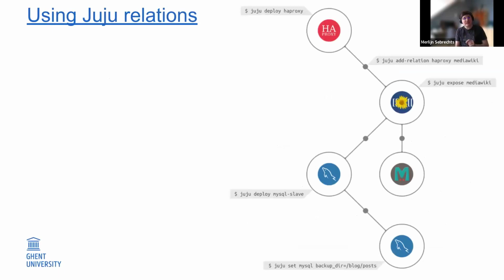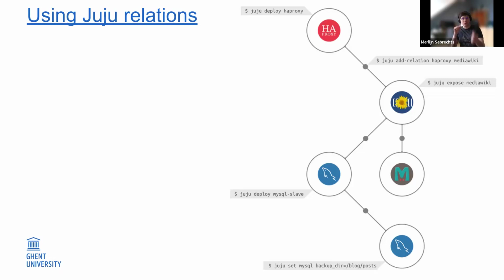Yeah, so a simple example is, let's say you've used Juju to deploy a Wikipedia alternative, MediaWiki. But now you get a lot of traffic and you actually want to put a caching reverse proxy in front of it. Doing that with Juju is incredibly easy.